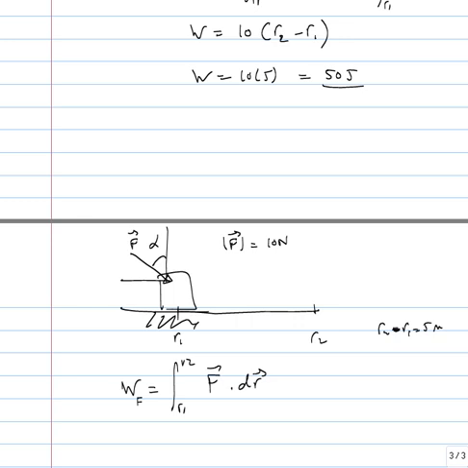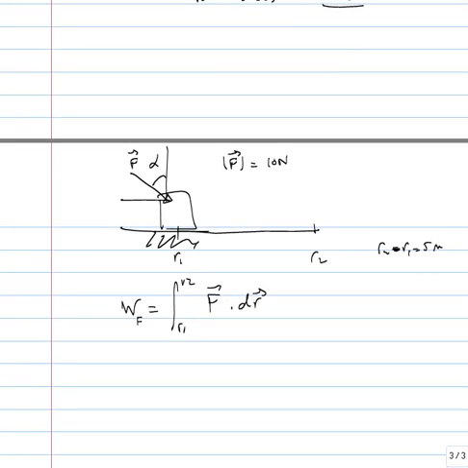So the first thing we want to do is identify the direction of our displacement. Our displacement is along the plane. This is our dr. And we want to take the dot product between F and dr. Therefore we need the angle between F and dr. Now remember, we can take that vector F and move it all the way up to here from the same point.